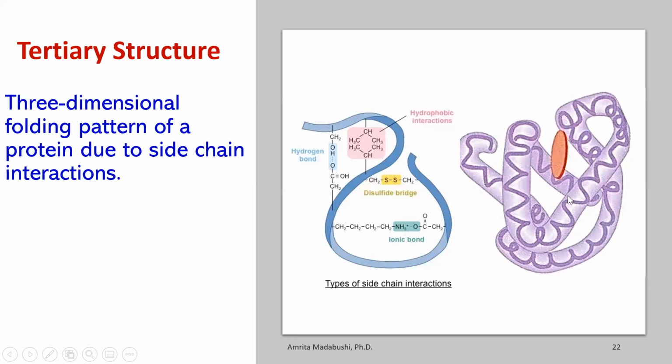These alpha helix and beta sheets will come together in a more three-dimensional form, and they will form this three-dimensional form not only because of the hydrogen bond, but there can be additional things. For example, there can be a disulfide bond. That disulfide bond is the one that brings two S and S together, that is the two cysteines together.